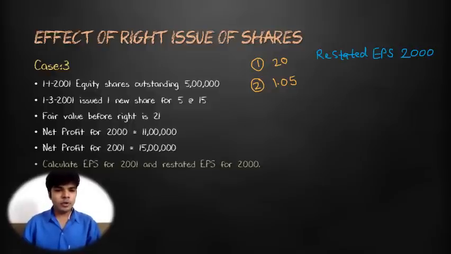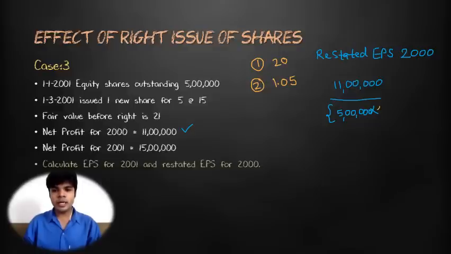The profit for 2000 is 11 lakh. So let us put 11 lakh as the numerator and divide it by the number of shares for restatement of EPS. Number of shares will be 5 lakh shares into the main point here, adjustment factor, which we found 1.05.